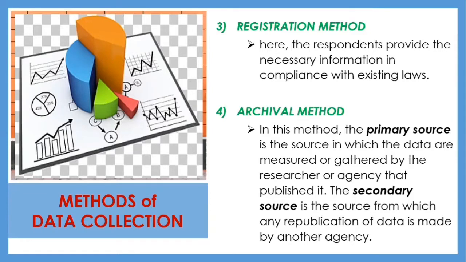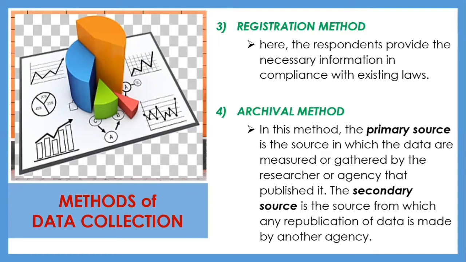If we see a registration method, the respondents provide the necessary information in compliance with existing laws. For instance, data can be derived from car registration, birth registration, voters registration, and marriage registration.